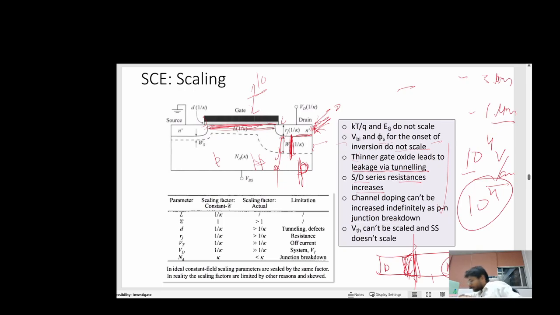In that way, we can reduce the gate voltage. Okay, so turn on will be faster.